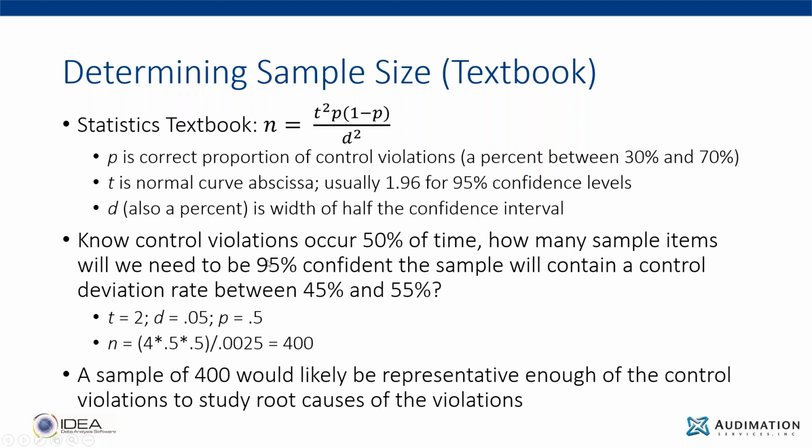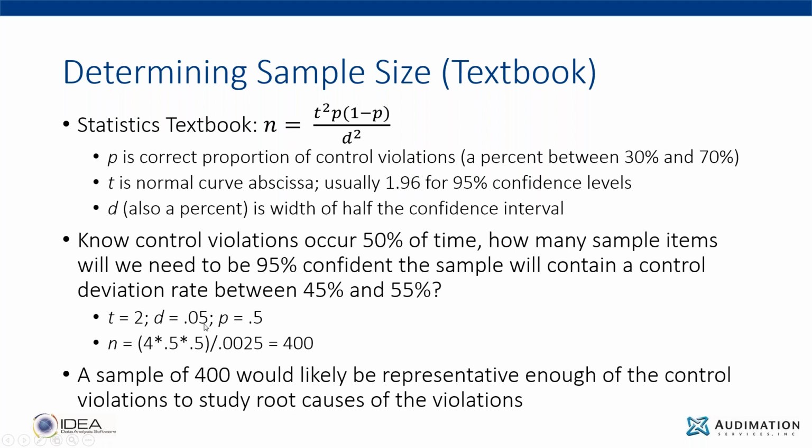Using this formula, if you were to know that control violations occurred 50% of the time in your population, how many sample items will we need to be 95% confident the sample will contain a control deviation rate somewhere between 45 and 55%? Well, in order to do that, we want P to be 0.5. T is going to be 2 for easy mathematical purposes, but it approximates this 1.96.